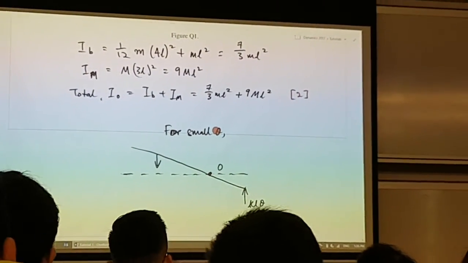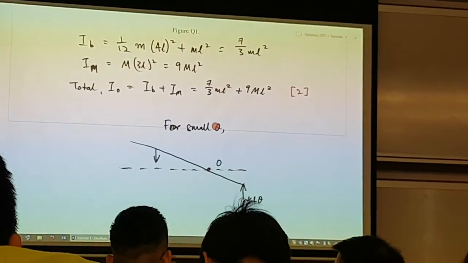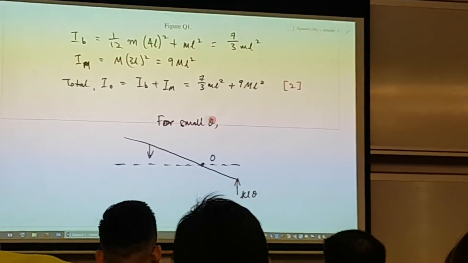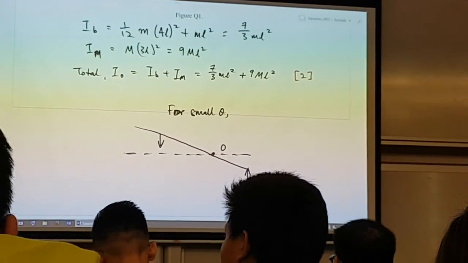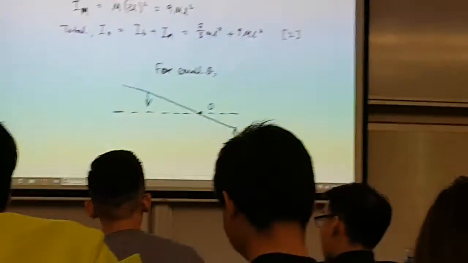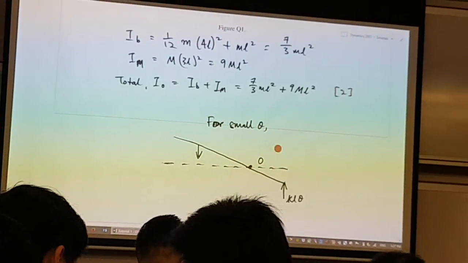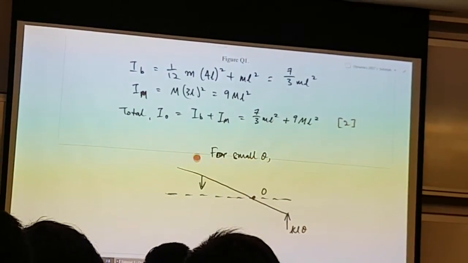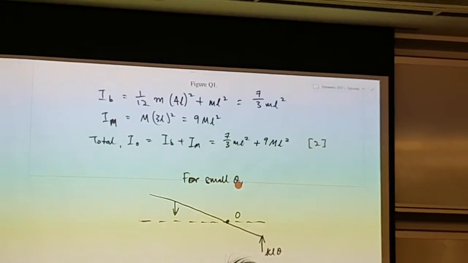So you know how strict we are looking at it. If he or she didn't write this and then wrote sine theta, then it's correct. But once you write theta, then you must say that generally this theta is for small angle theta.